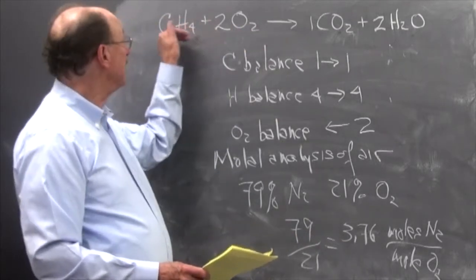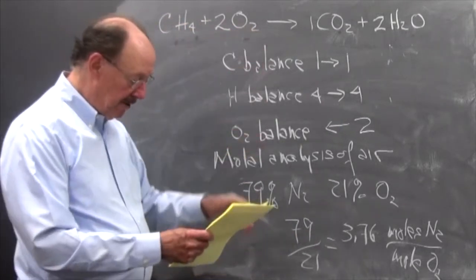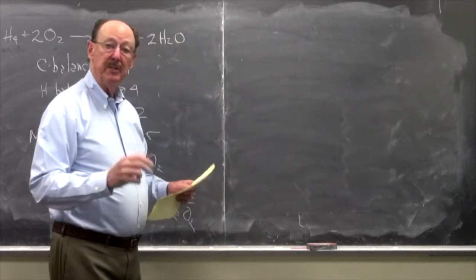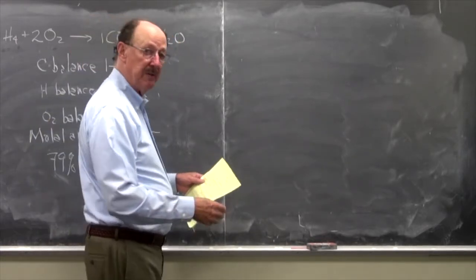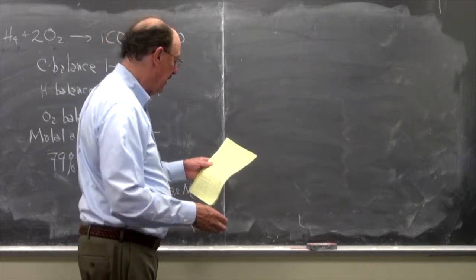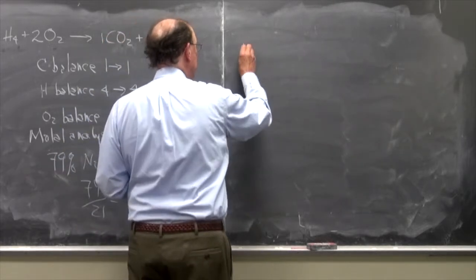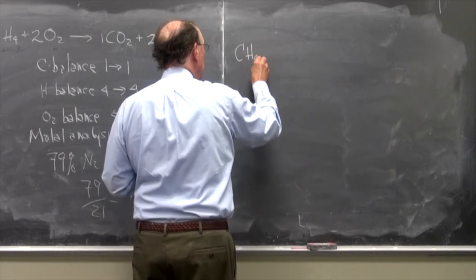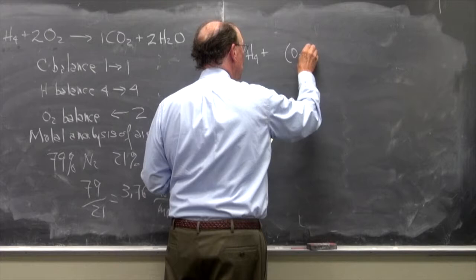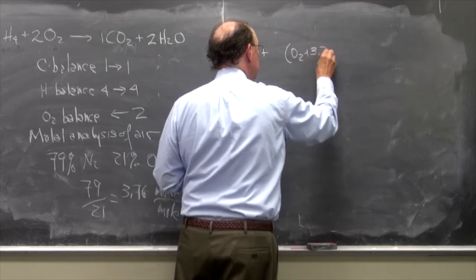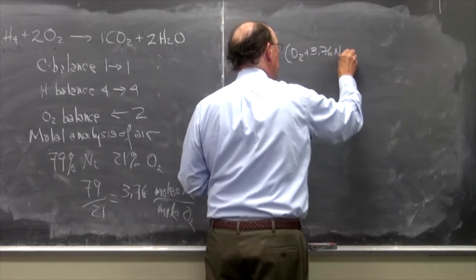Now let's balance this reaction equation with air. We'll do this for just the minimum amount of air that's needed, and that's called 100% theoretical air. But first, let's write the equation. I have CH4 plus, and I'm going to leave a little space here, O2 plus 3.76 N2.